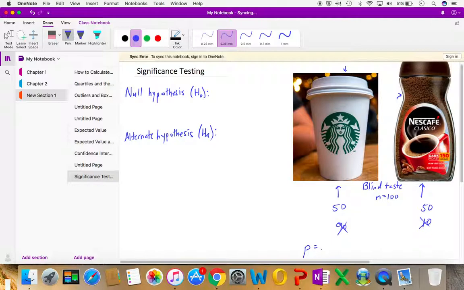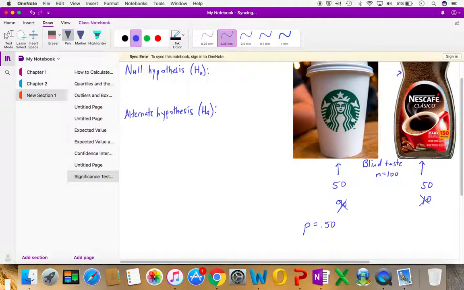we're going to say p is equal to 50%. In other words, the proportion of people who prefer Starbucks over Nescafe is 50%.